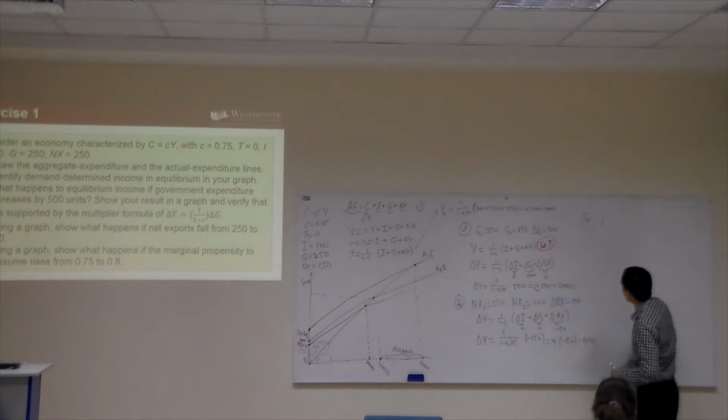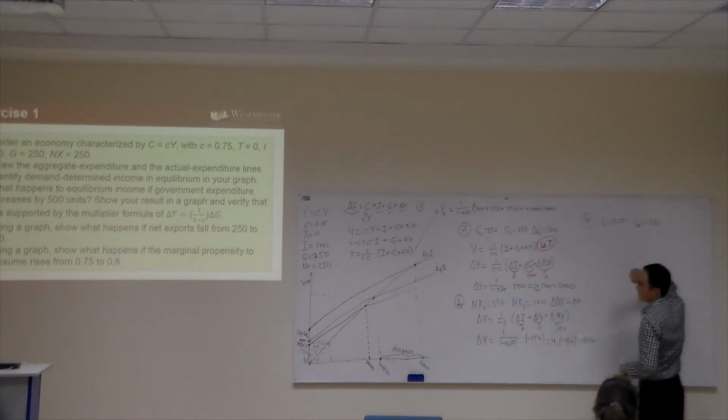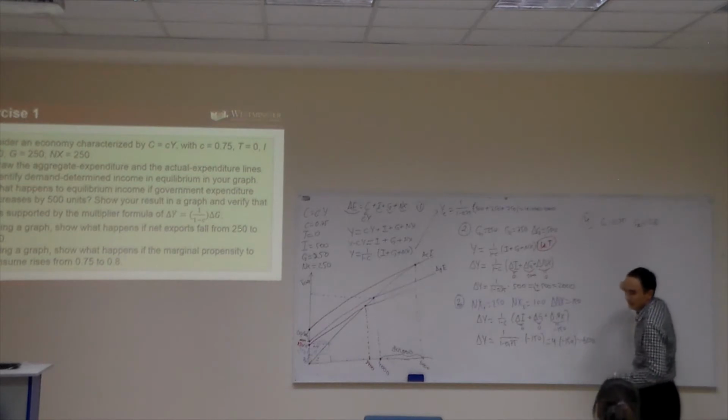Marginal propensity to consume was 75%, but now if we are making it 80%, what happens? If marginal propensity to consume becomes 80%, which is higher than this one, then it means that multiplier effect is going to be larger.